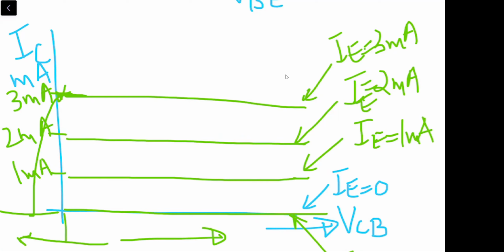So at a certain negative point it will go back and die down. This means we won't have any current flowing over here.